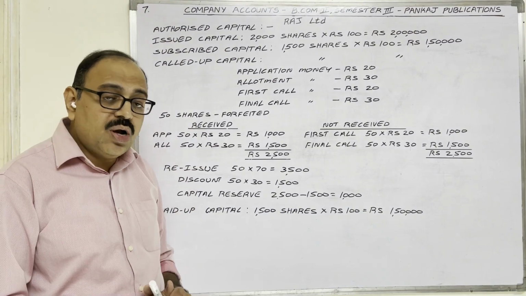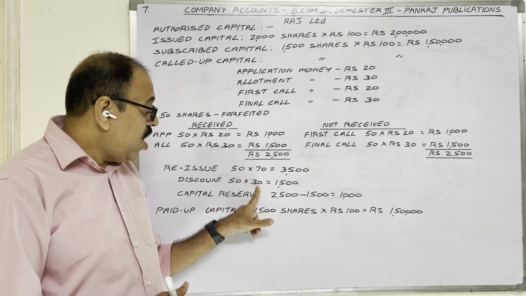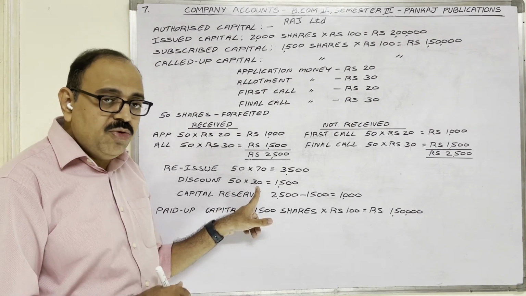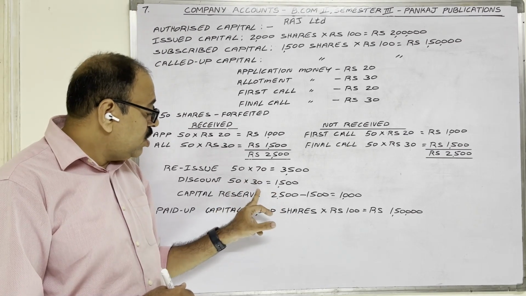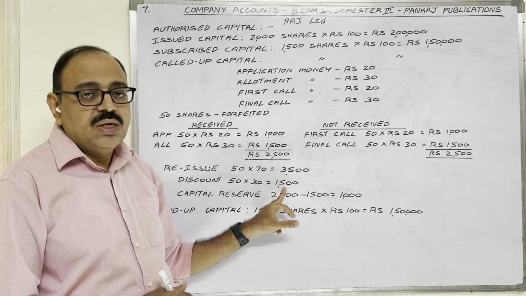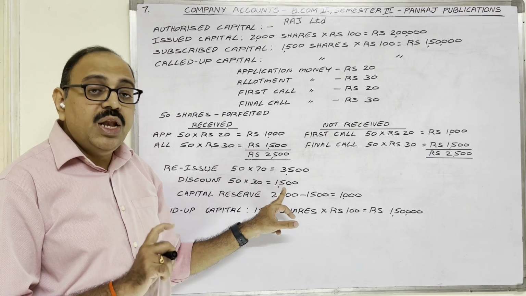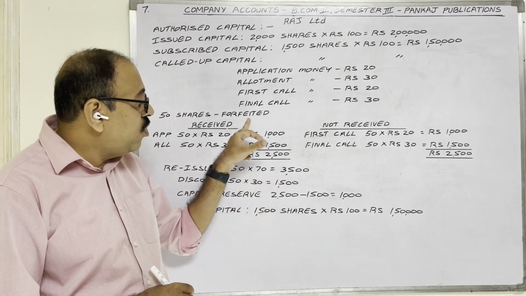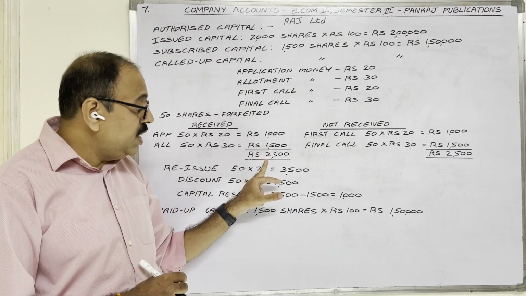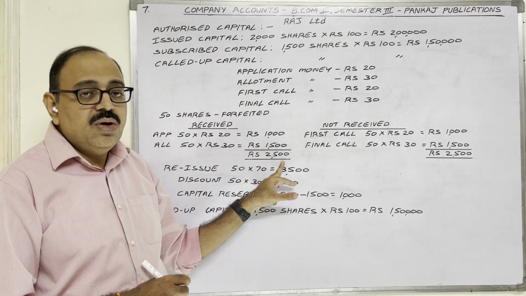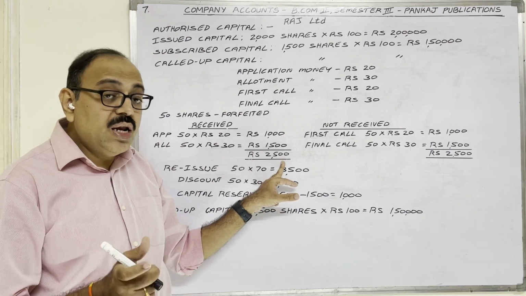How much is the discount loss? On 50 shares, discount on one share is 30 rupees, 100 minus 70. Then the discount amount is 1500 rupees. This loss the company will adjust from the share forfeited account credit balance. On forfeited shares, the company received 2500 rupees, and that amount the company is not refunding.